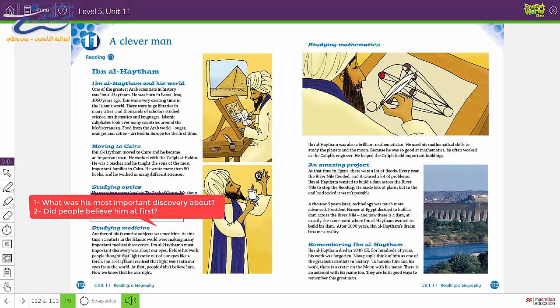Before his work, people thought that light came out of our eyes, like a torch. Ibn al-Haytham realized that light went into our eyes from the world. At first, people didn't believe him. Now we know that he was right.